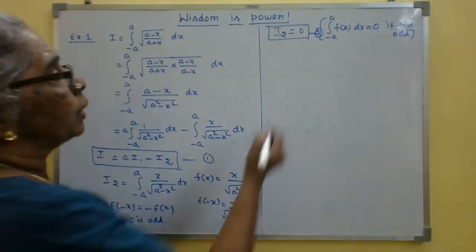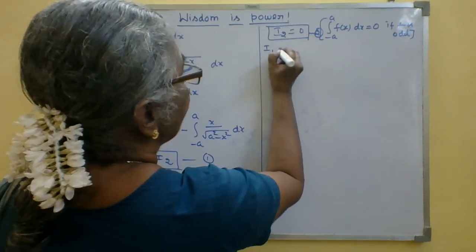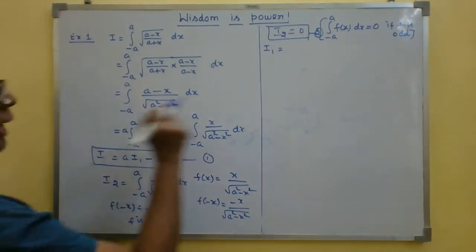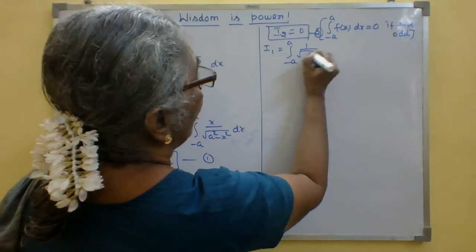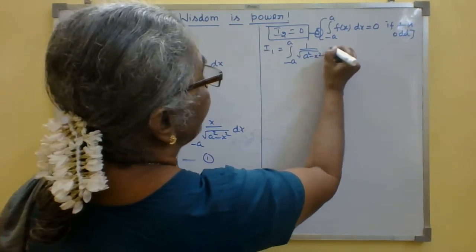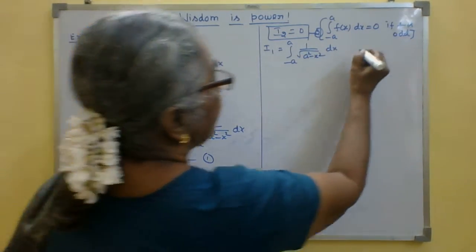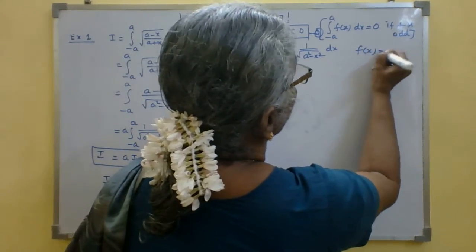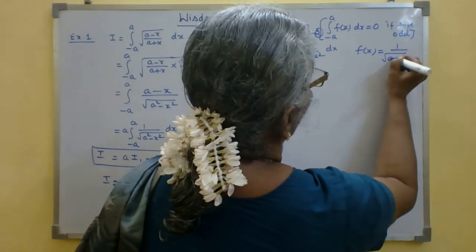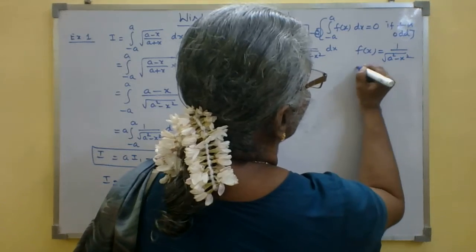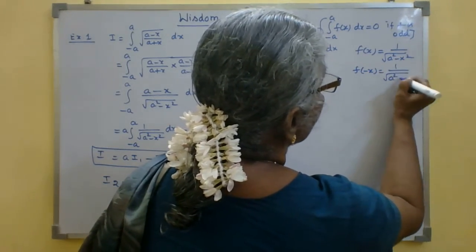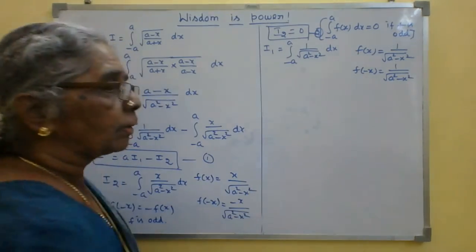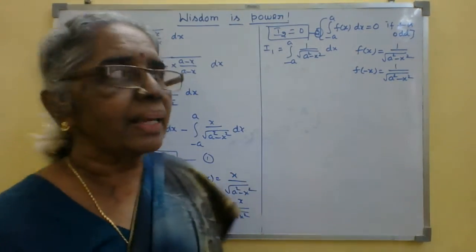Now let me go to I1. The a we have taken already out. So I1 is integral from minus a to a of 1 by root of a squared minus x squared dx. What is f of x here? f of x is 1 by root of a squared minus x squared. f of minus x is also 1 by root of a squared minus x squared, because minus x the whole squared is x squared.